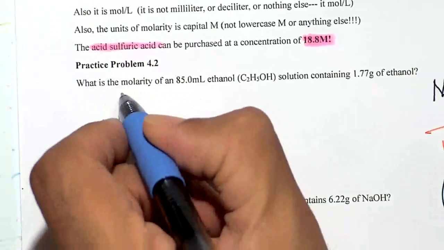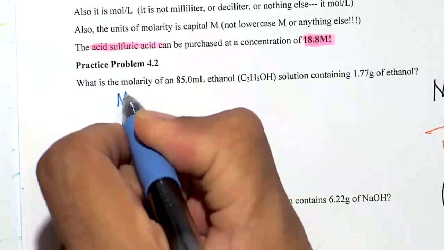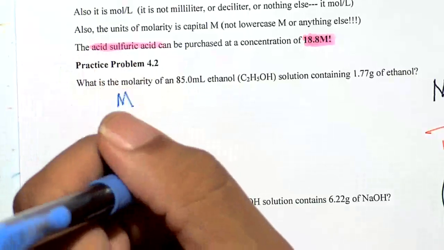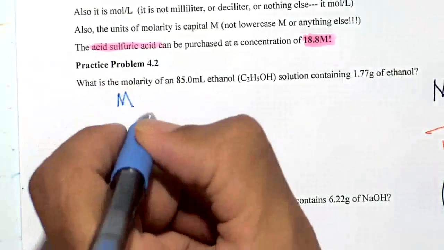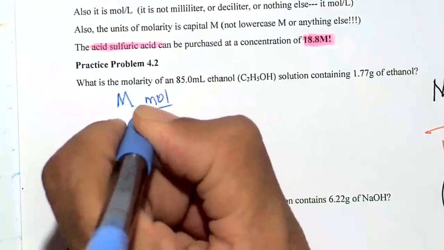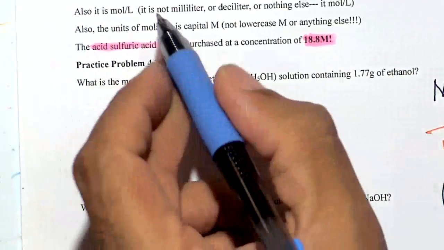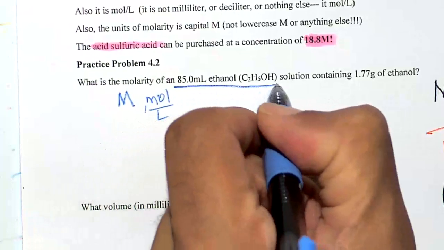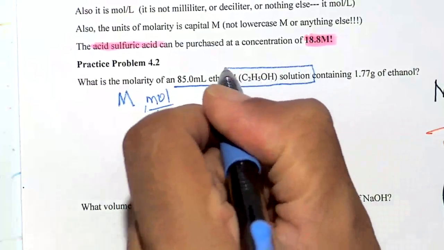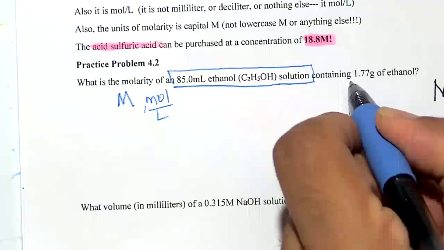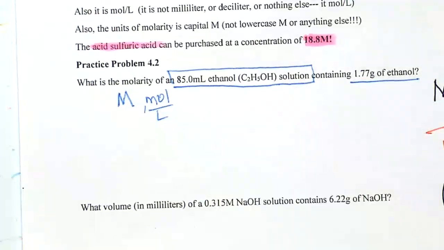All right, molarity. Two things I want you guys to know: big M and moles over liter. Moles of solute over liters of solution. What is the molarity of 85 milliliters of ethanol solution containing 1.77 grams of ethanol?